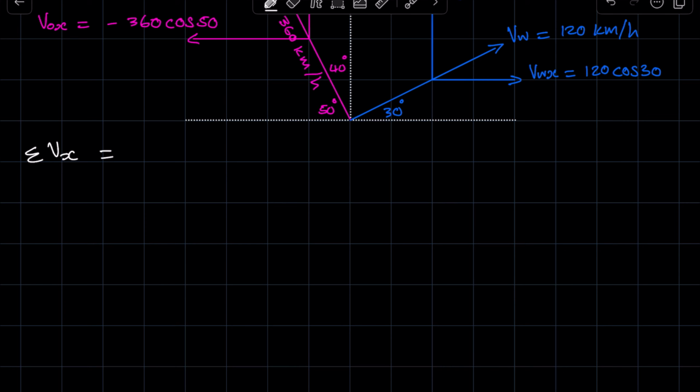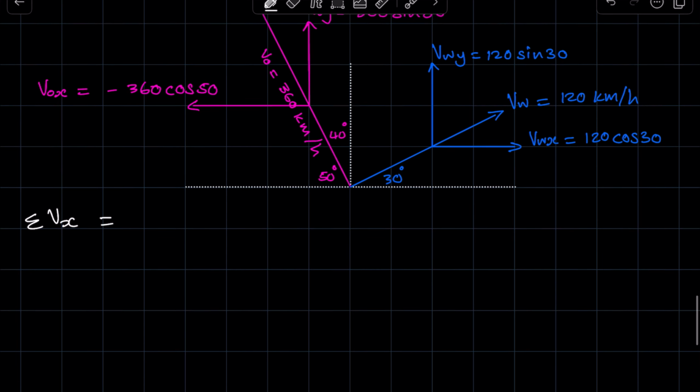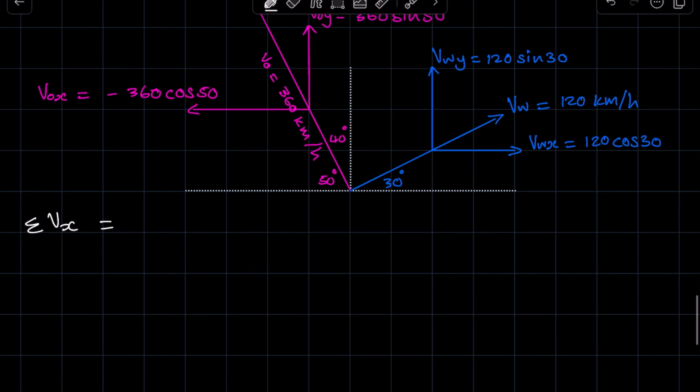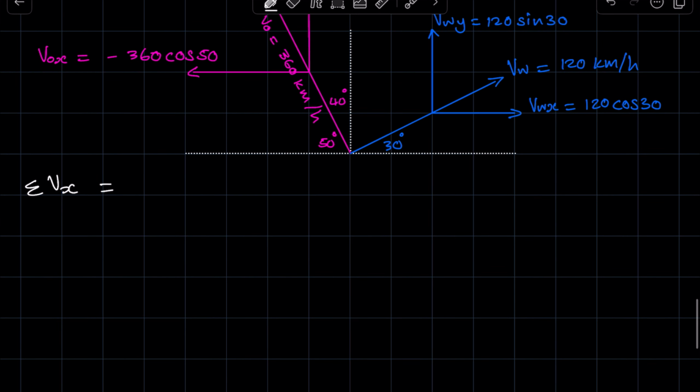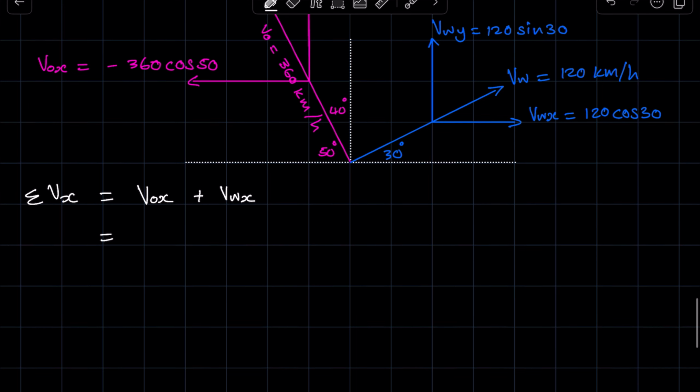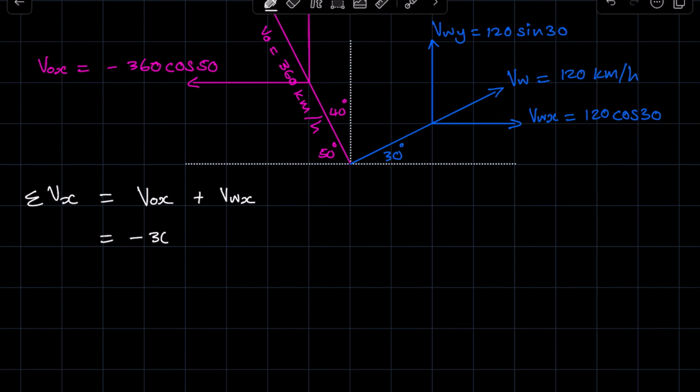This is one of the conditions of equilibrium that we are able to apply, seeing that our vectors are now parallel to the Cartesian plane. So this will be VOX plus VWX, which is negative 360 cos 50 plus VWX, which is positive 120 cos 30.